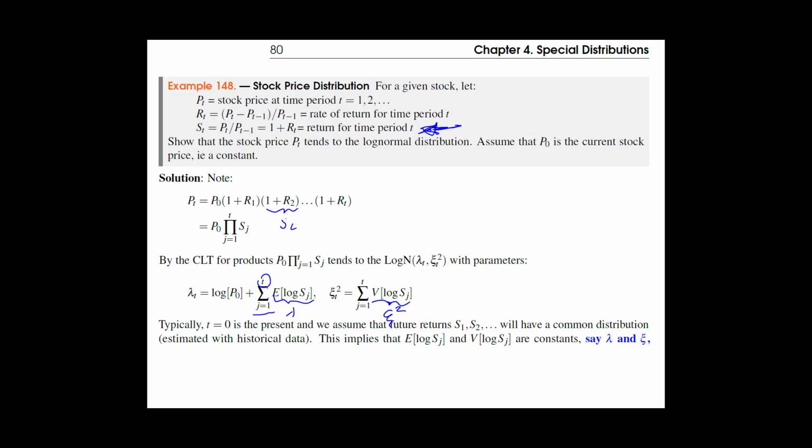So that's the future, right? Right now is time not, T equals 0 is the present, right? So we're going to assume that the future returns all have a common distribution. They all come from the same distribution, which you typically will estimate with historical data. Okay, this is all to say that lambda and psi squared are going to be constant like that.